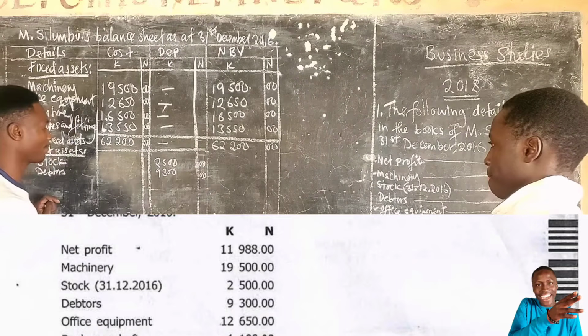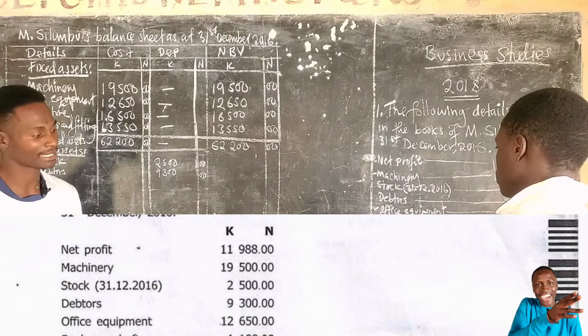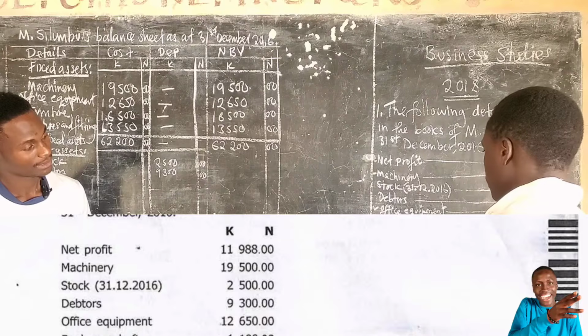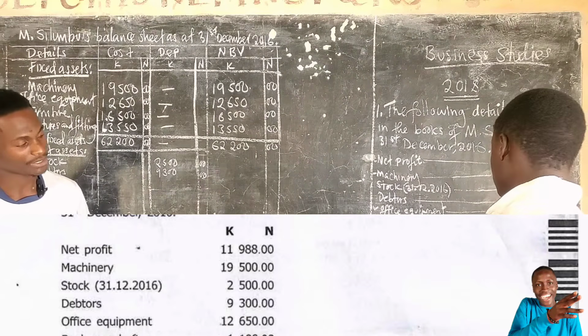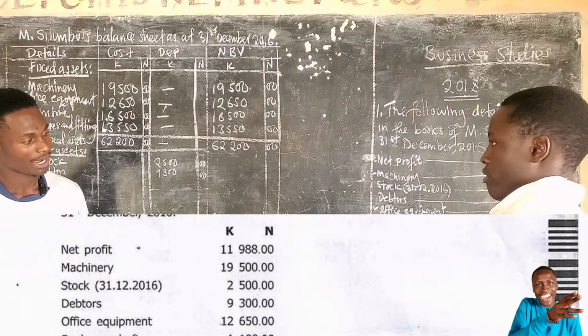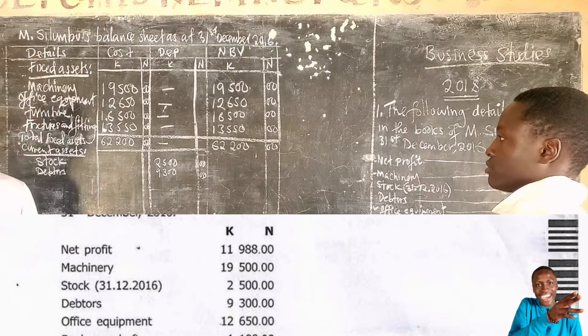9,300. Then do we have cash at bank or just bank? No. We only have cash in hand. How about bank overdraft? Is it a current asset? No, it's not.